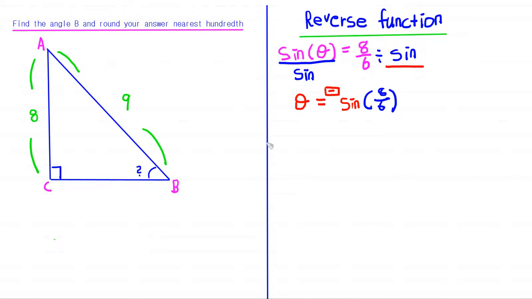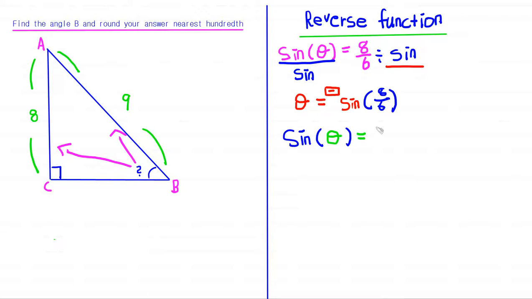And let's apply these expressions to this question. It says find the angle B. If we find the angle B, sine of, I'll just call it theta, is equal to the opposite side over the hypotenuse, which is the longest side in the right triangle.